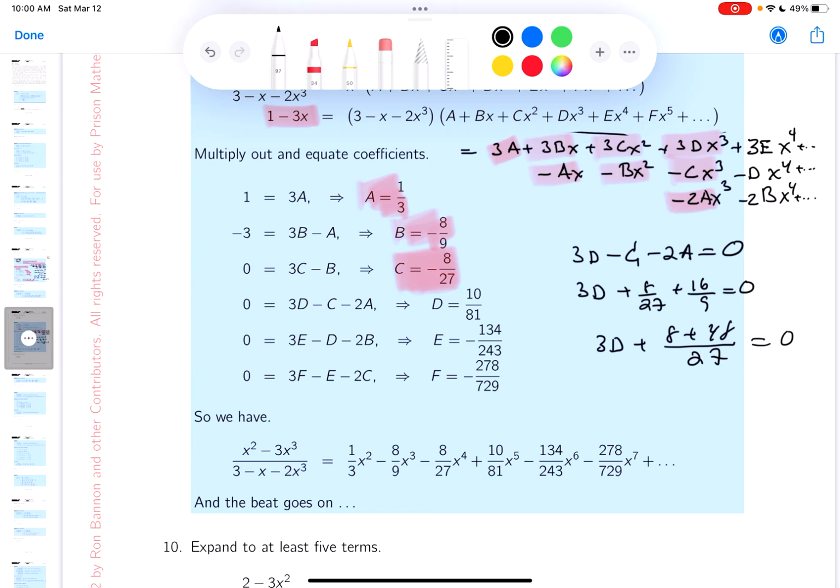Let's take a look at this one over here. That's 56, right? Did I make a mistake somewhere? Oh, you know what? I plugged in the wrong number.